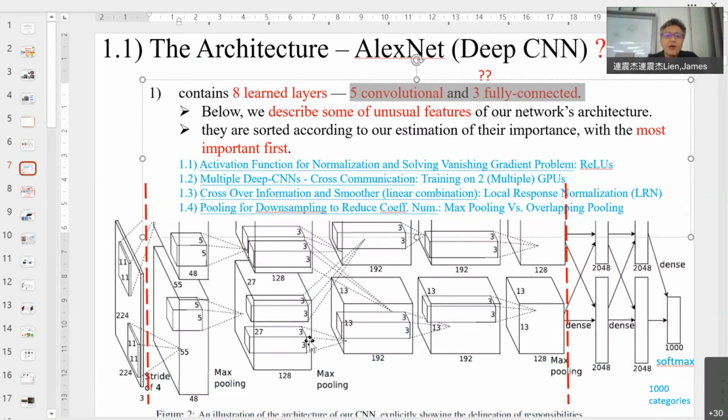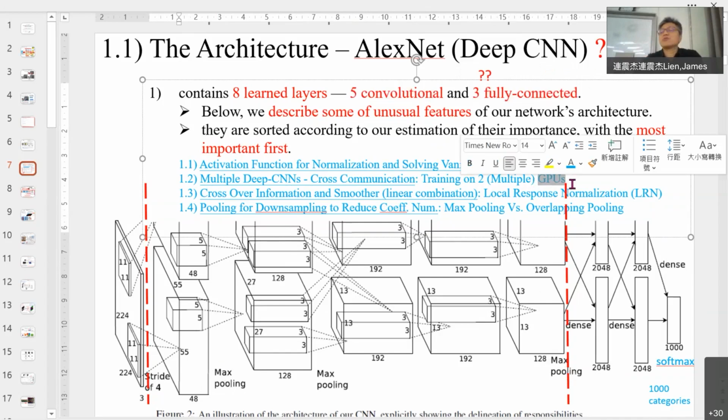It only has 3 downsampling because at that time the GPU was not so powerful. They also used 2 GPUs because of that: one network and a second network, the same, for parallel processing.